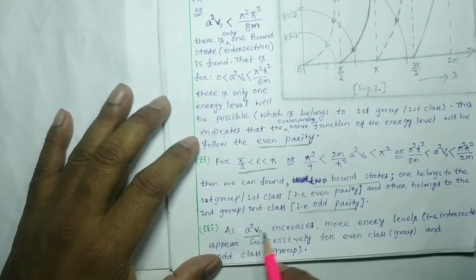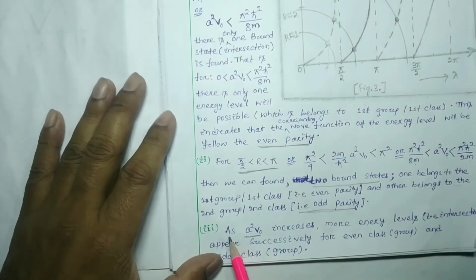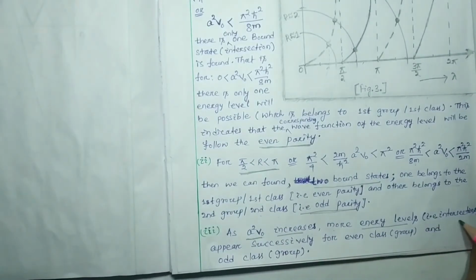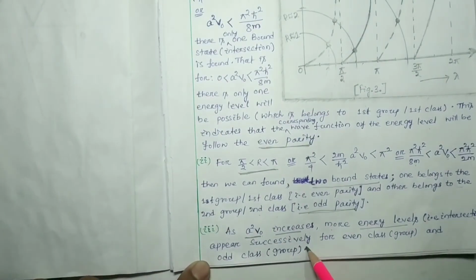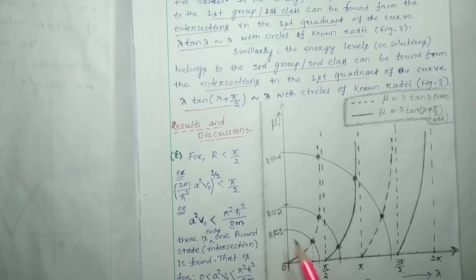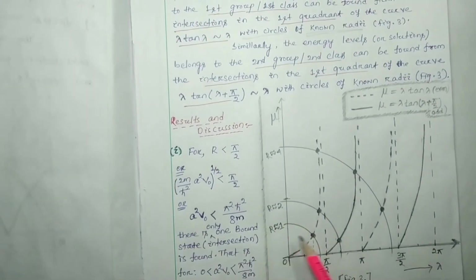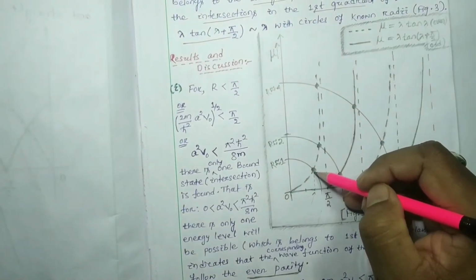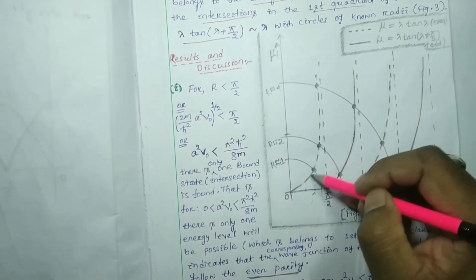So here it is written that as a square v0 increases, more energy levels, that is intersections, appear successively for the even class or even group and the odd class or odd group. You can see that for this radius circle, only one cut, one solution, belongs to even.